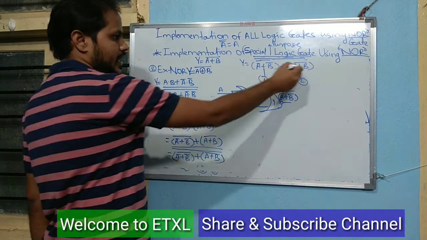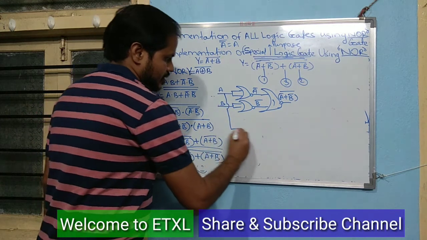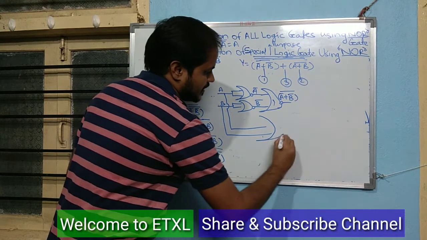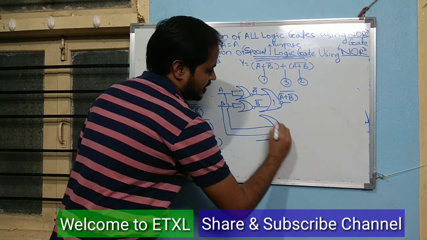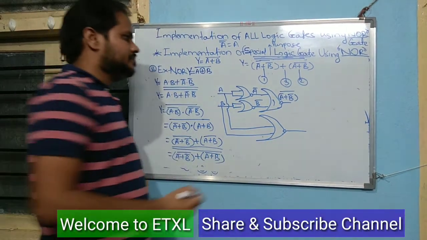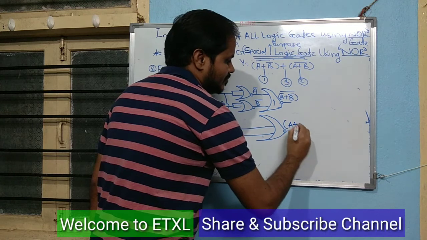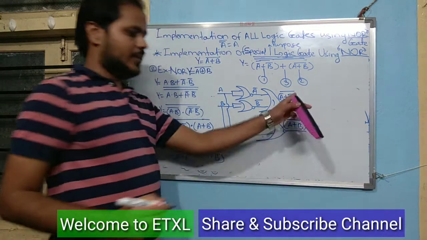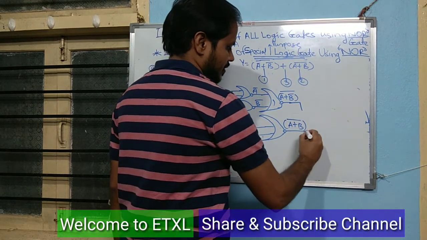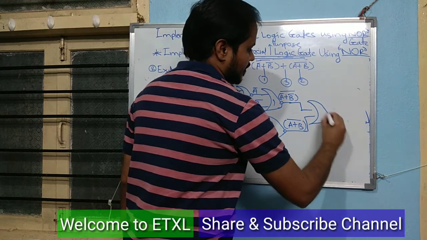The second NOR gate, A plus B bar. Take the A input from here, the B input as it is, then combine both of these with the help of a NOR gate. Then here you are getting the output A plus B bar. Combine both of these outputs with the help of the third NOR gate.